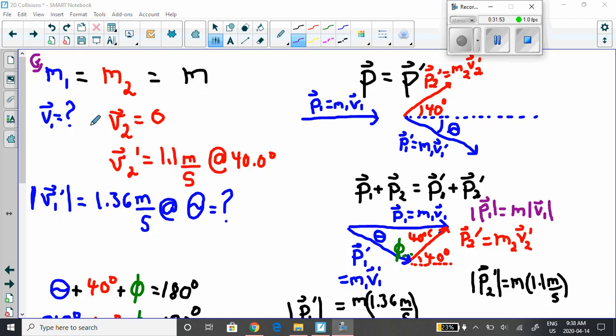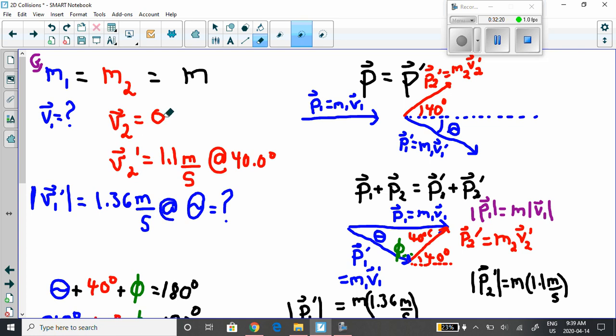So here we go. I'm going to show you how to do this with trig and geometry and diagrams and such. What do we know? What's our given? Well, we know that the masses are equal. So M1 equals M2 is equal to M. And I've color-coded everything for the blue marble and the red marble. We don't know the speed of the blue marble before the collision.